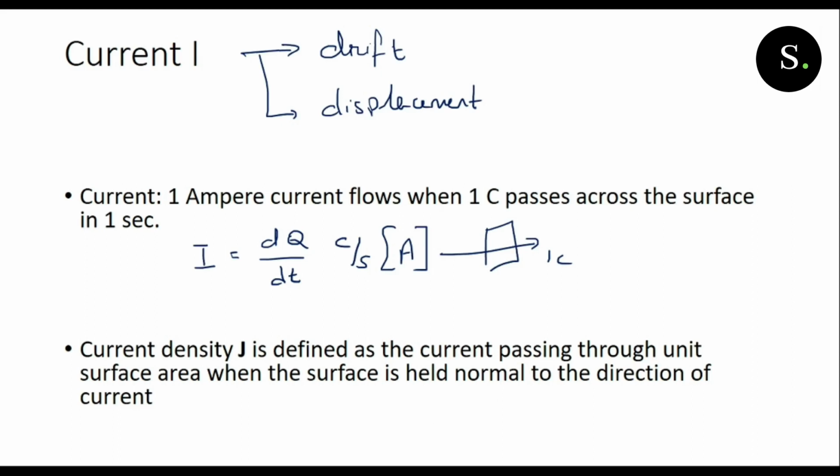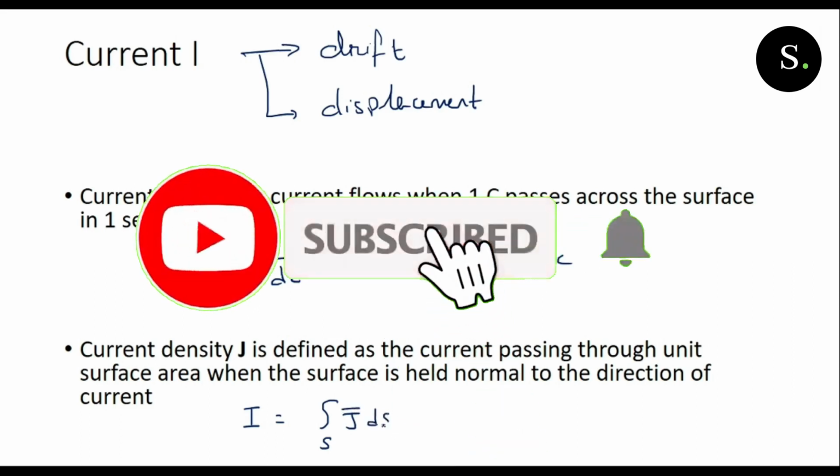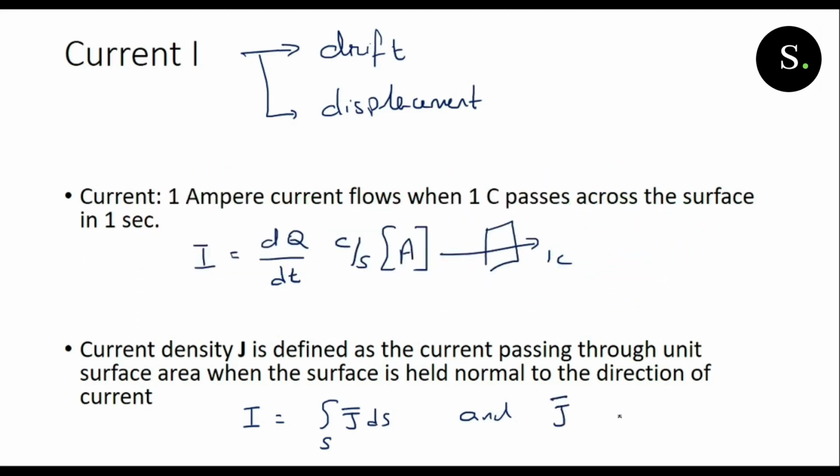So as per definition, we can mathematically express that current would be the surface integral of current density, and in turn the current density is going to be volume charge density times the velocity of charge flowing.